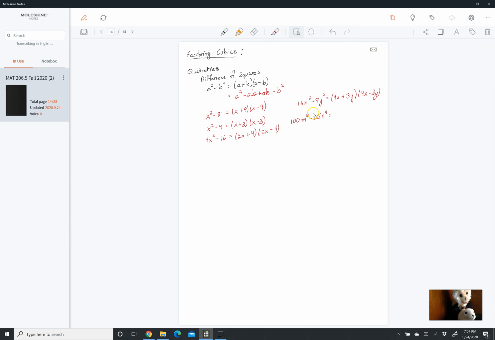Okay, so this one is a little bit more complicated, but we can see that they're still both perfect squares. So the square root of 100m squared is just 10m. And then the square root of 25n to the fourth is, the square root of 25 is 5, and the square root of n to the fourth is just n squared. So we get 5n squared here.